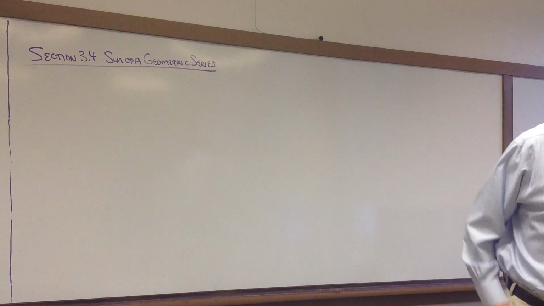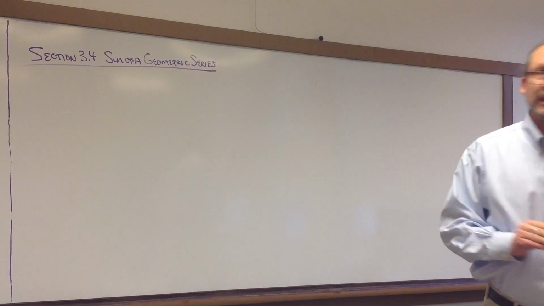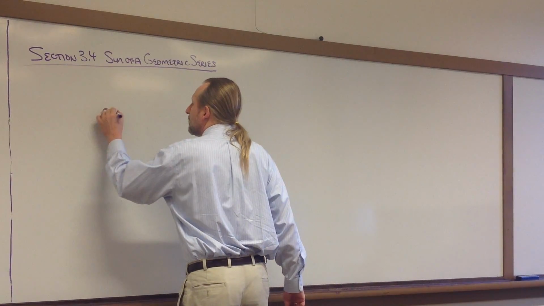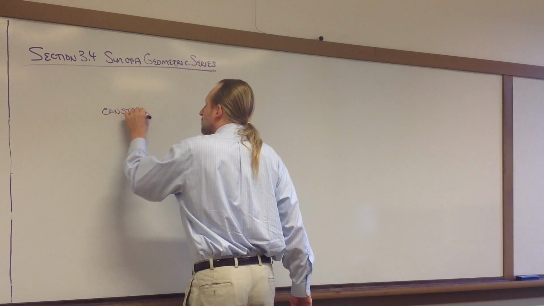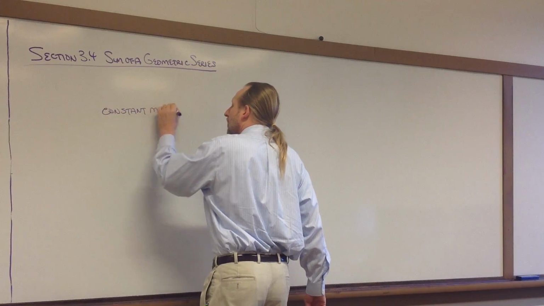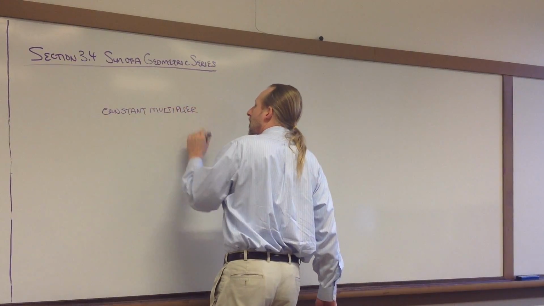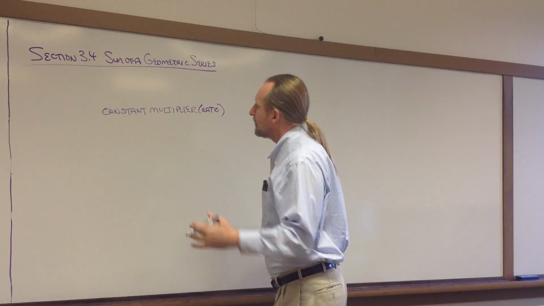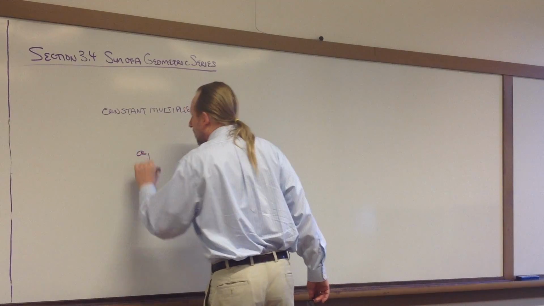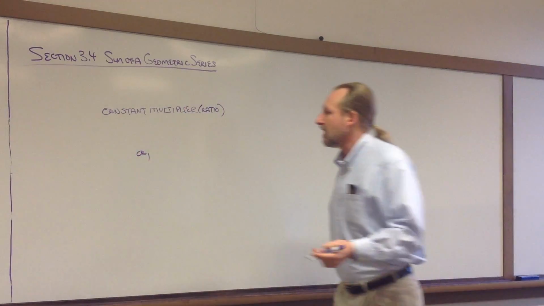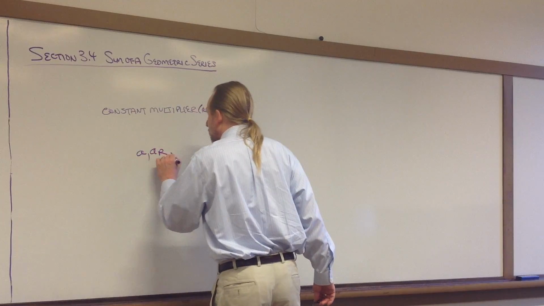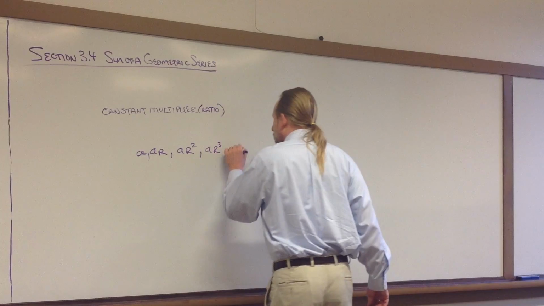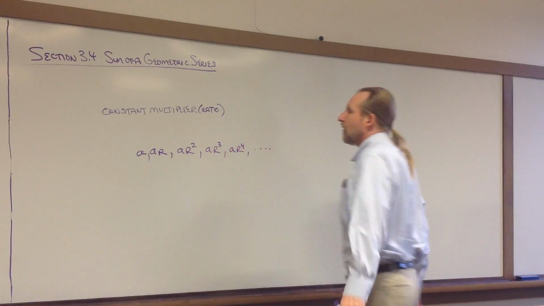Okay, so let's talk about geometric series. We mentioned how they have a constant multiplier or constant ratio. Every geometric series is going to start out with a first term, and then every other term is just going to be based on multiplying that by the constant ratio, and so on.